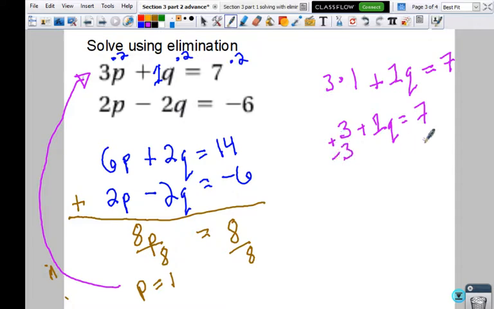We're going to minus 3 on both sides. And I'm going to get 1q equals 4. And I got to divide by 1. But Keith, if I divide by 1, does it really matter? No. So when I divide by 1, nothing really changes, and I just get 4.